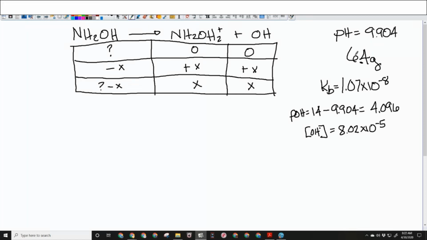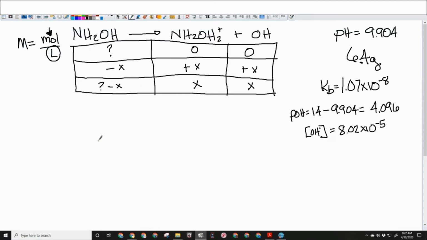It says 6.4 grams. Okay, so we need a concentration. In order to get a concentration, it's moles over liters. So we're trying to solve for this right here. We're given grams, which we can convert into moles because we know what chemical it is, and we can use the molar mass to calculate moles.